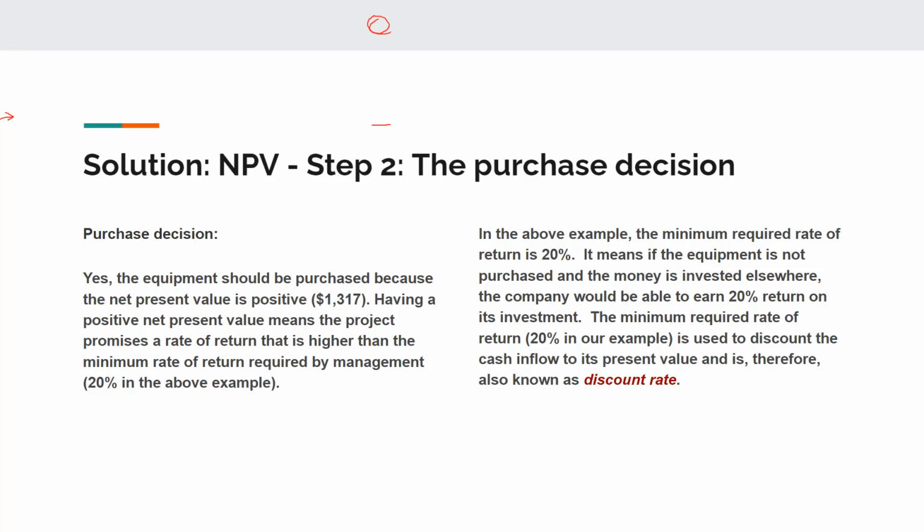What does that mean? It means basically that if the equipment was not purchased and the money was invested elsewhere, the company would be able to earn a 20% return on that investment. And this is why they're saying that the minimum required rate of return is 20%. We use this to discount the cash flow to its present value, and we refer to it as a discount rate.